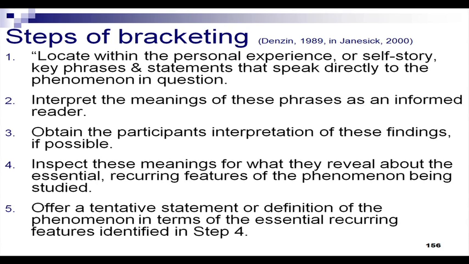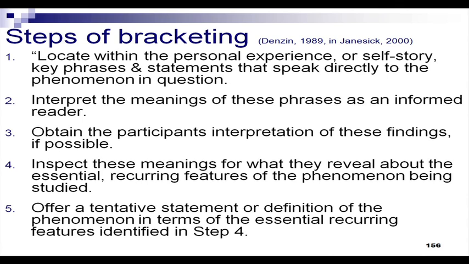Steps of bracketing: locate within the personal experience or self-story key phrases and statements that speak directly to the phenomenon in question. So how do we bracket? The first step is that we try and find statements, phrases and indicators that address directly the phenomenon being studied.